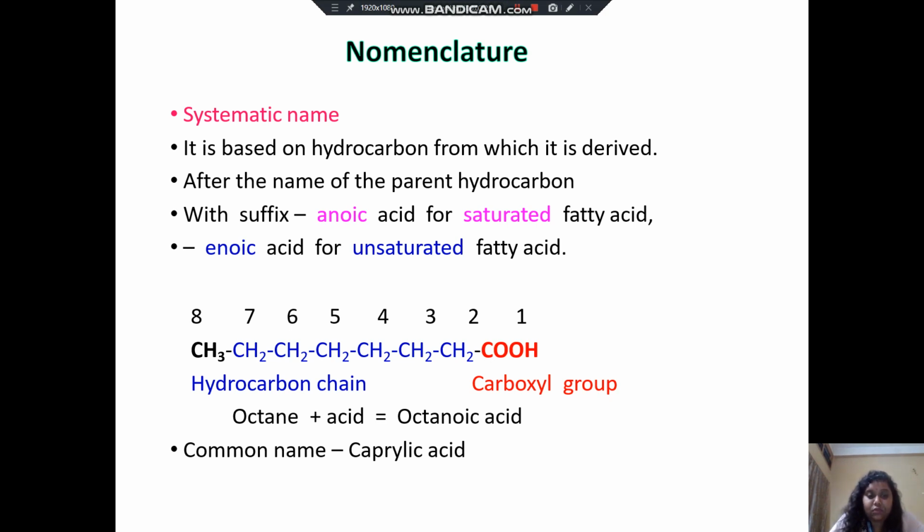Here the hydrocarbon chain with the carboxyl group is written as CH3, CH2, CH2, CH2, CH2, CH2, CH2, COOH. The carboxyl group is in the first position and the methyl group is in the 8th position. As there are 8 carbons present, octane plus acid denotes octanoic acid, and the common name for this is caprylic acid.